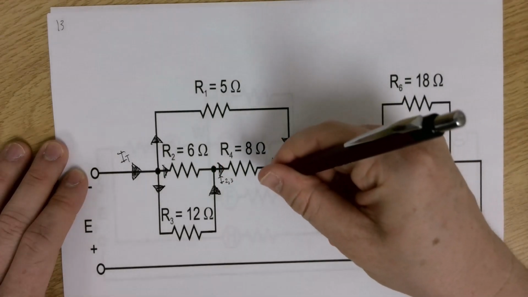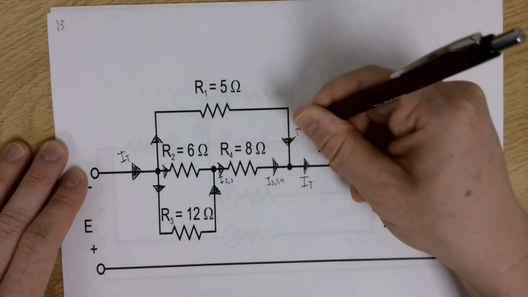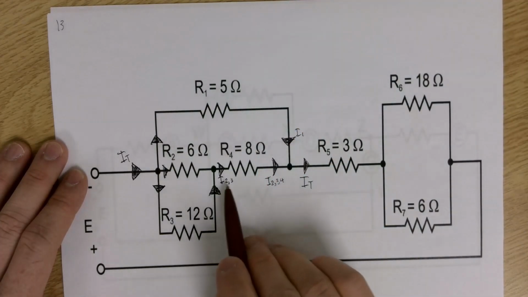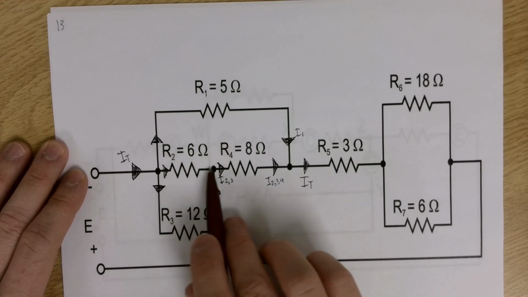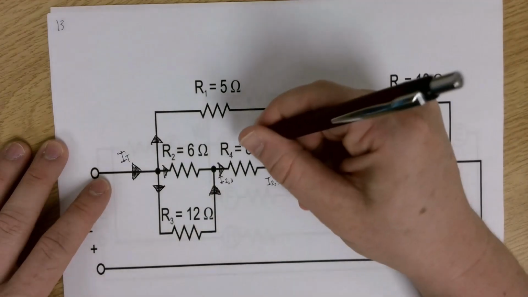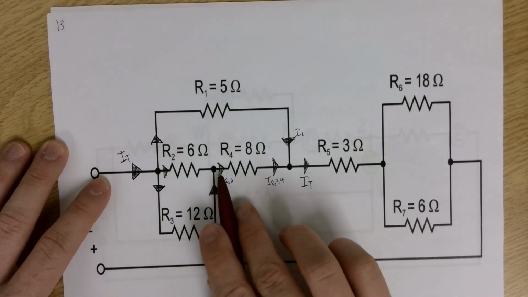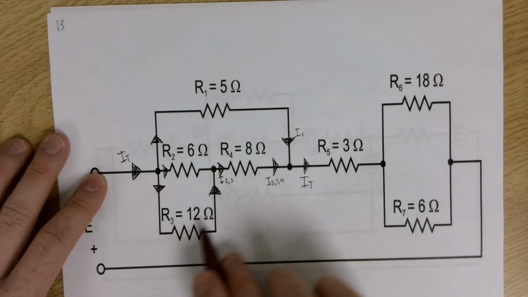We could call this arrow I2, 3, 4, and this is I1, right? Because this current arrow is the current from this R3 and this R2. So that tells me that the current at I4, or the current that's going to go through R4, I should say, is going to be the same current that goes through 3 and 2.